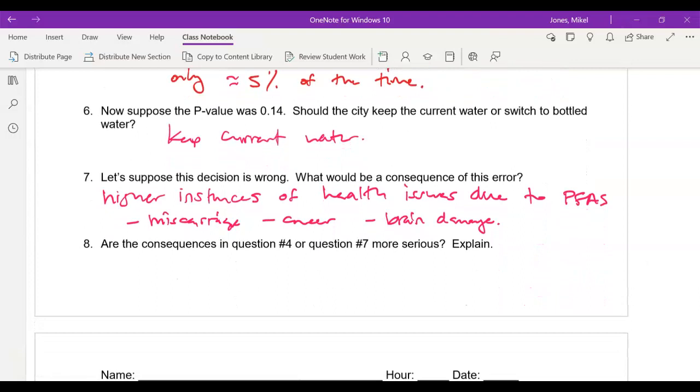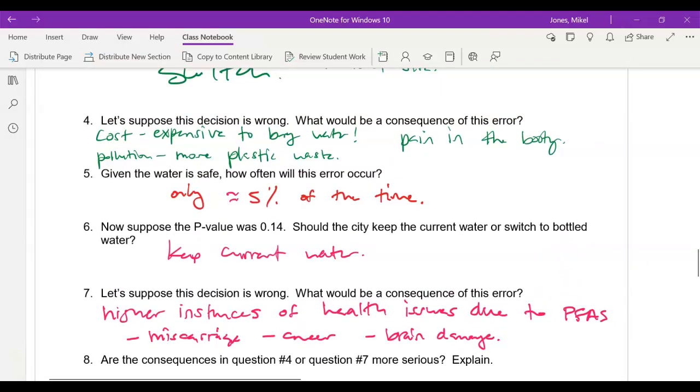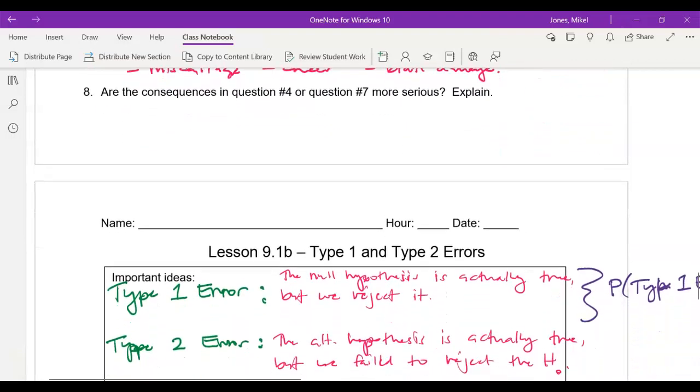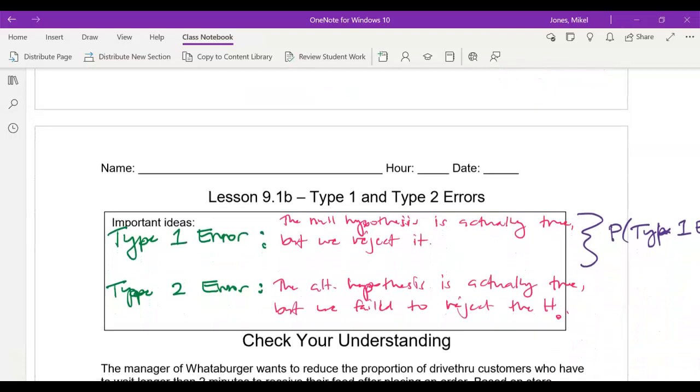Okay, so why did we talk about these two possibilities today? These are type 1 and type 2 errors. The type 1 error is the error that we described in number 4. It's when the null hypothesis is actually true, but we rejected it, and we rejected it because we got a p-value that was low.